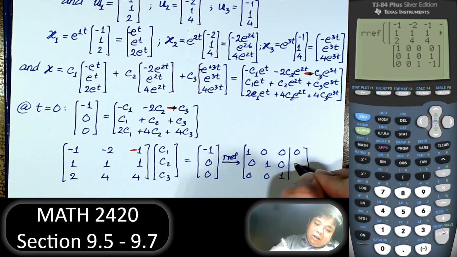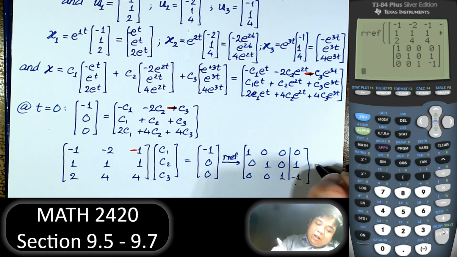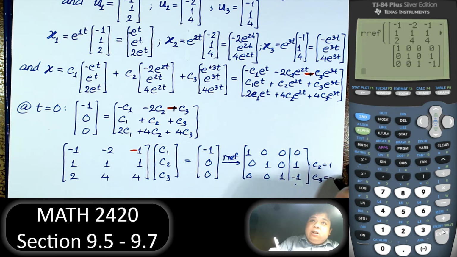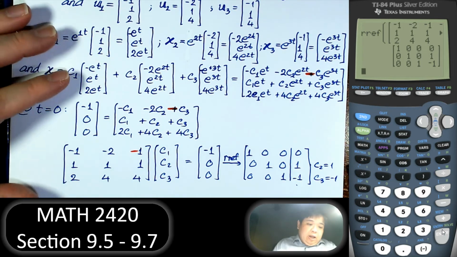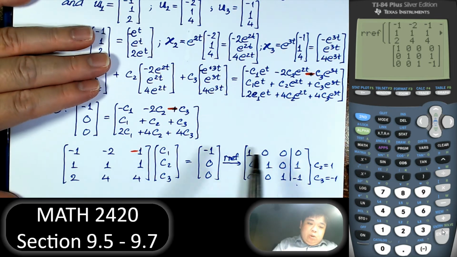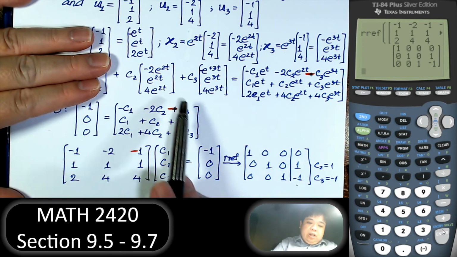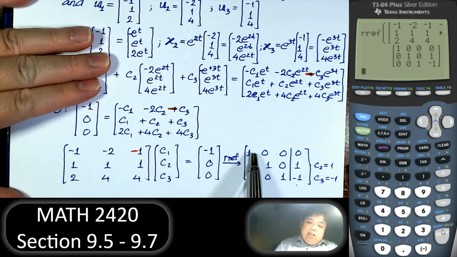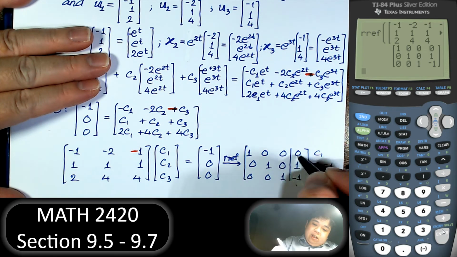So I have a 1 and negative 1. So C2 is 1, C3 is negative 1. So the solution, C2 is 1, C3 is negative 1, C1 is 0.